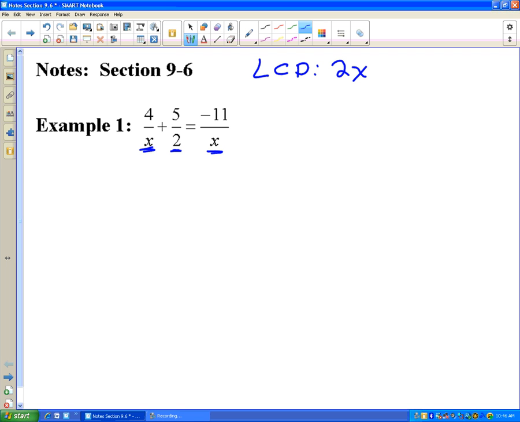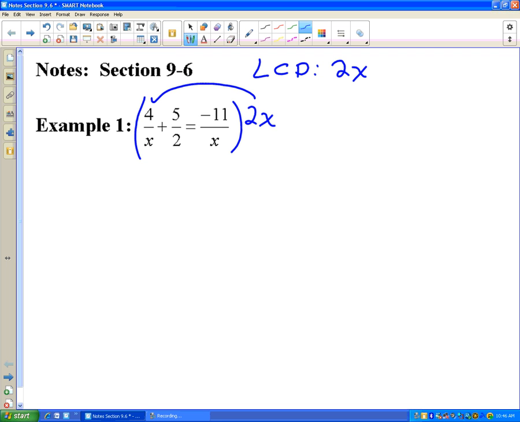Now, instead of getting a denominator of 2x plus a denominator of 2x equals a denominator of 2x, which I could do, what I'm going to do instead is multiply the entire equation, get rid of all my little underlines. I'm going to multiply the entire equation by this 2x.